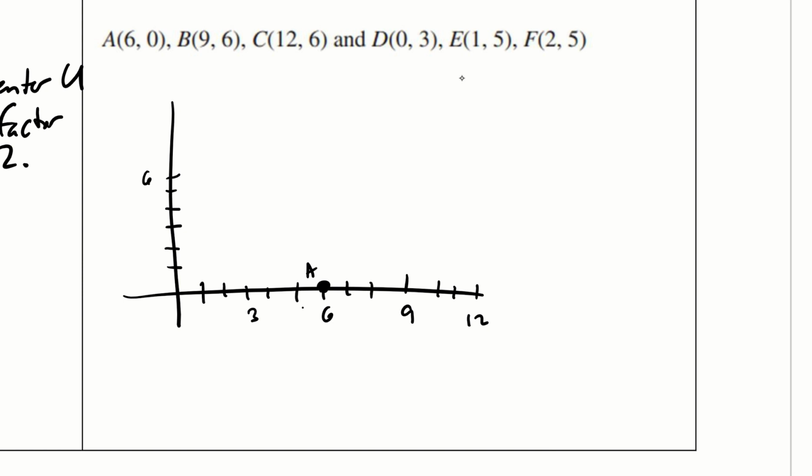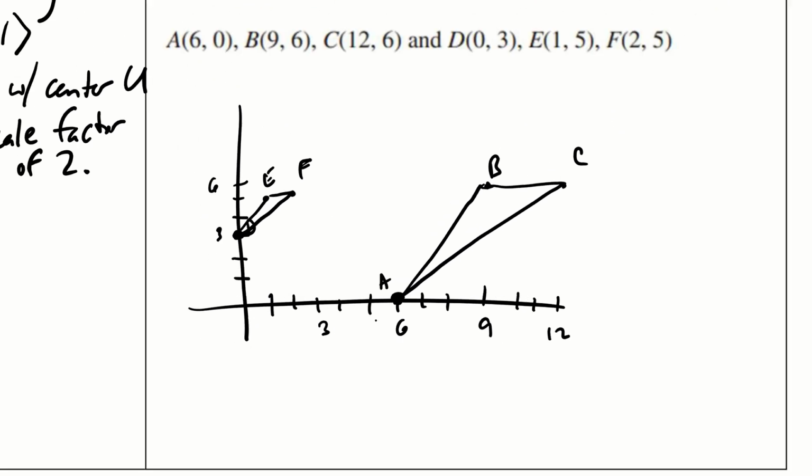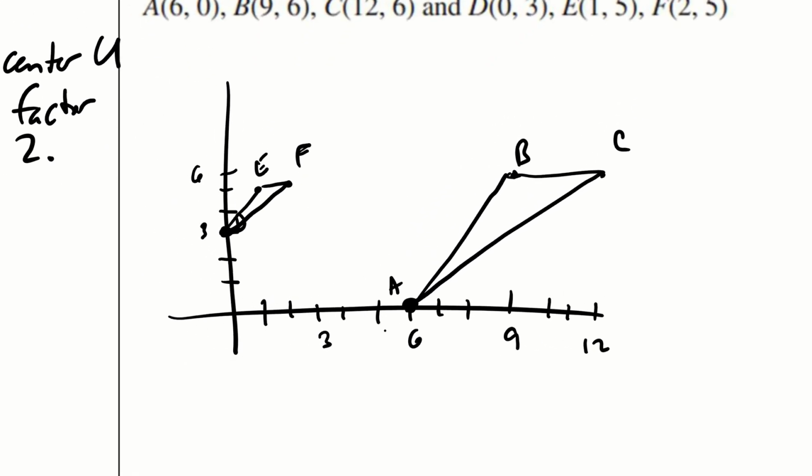Got B is (9, 6). C is (12, 6). So there's my triangle, and then we're going to compare that to D, which is (0, 3). Okay, so very small triangle compared to this bigger triangle, okay? And so we're going to compare them and see if they're similar.